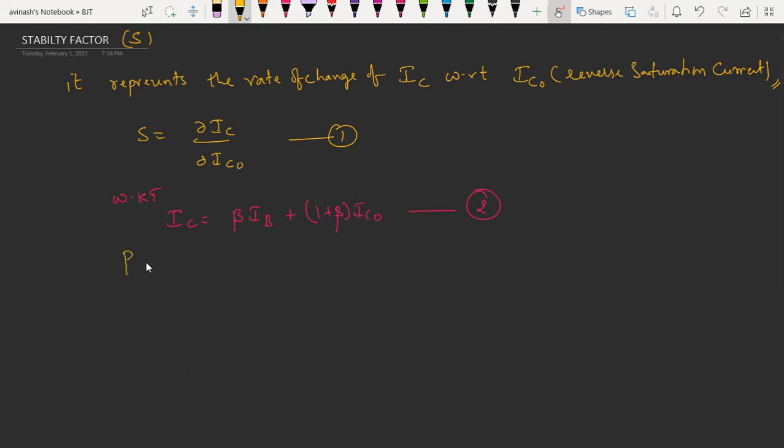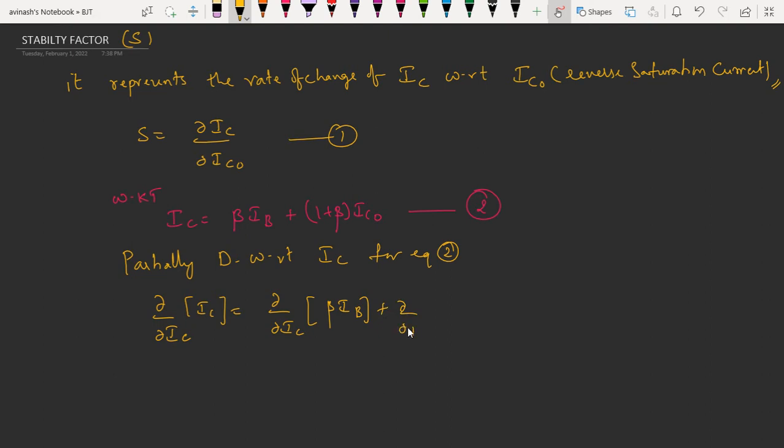Partially differentiate equation number 2 with respect to IC. Then what we get here? Dou by dou IC of IC is equal to dou by dou IC of beta into IB plus dou by dou IC of (1 plus beta) times ICO.